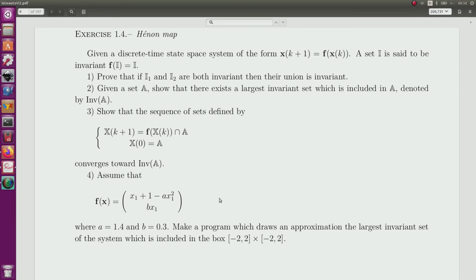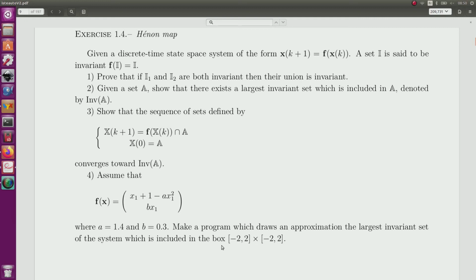Last part of the exercise, I consider a specific function which corresponds to the Henon map, so the f. I know the two parameters, and I have to take the previous sequence and try to draw an approximation of the largest invariant set of the discrete time system.